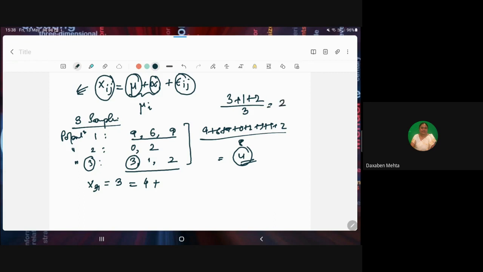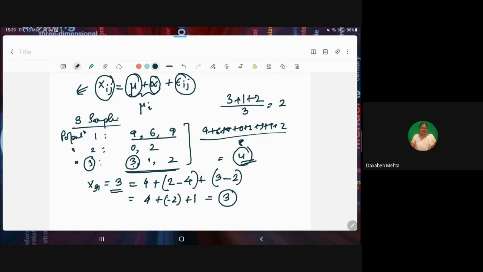So you write 2 minus the overall mean, plus the individual value 3 minus the group mean, which is 2. Ultimately you get 4 plus minus 2 plus 1, which means you get 3.